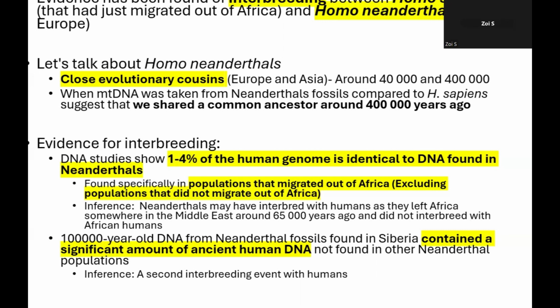The same thing happened with the genus Homo, where Homo neanderthals are so closely related to us that they could actually produce a viable, fertile offspring that is evidenced in the DNA studies that we can do today.